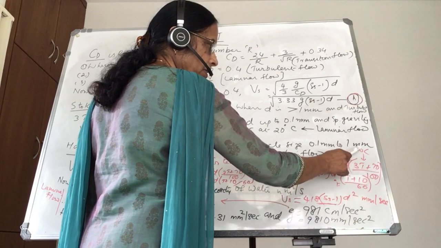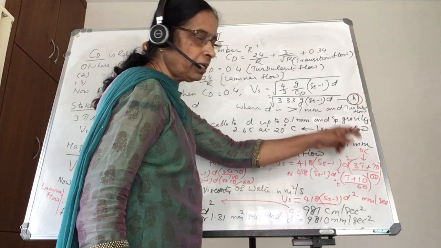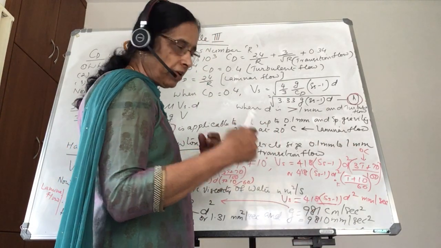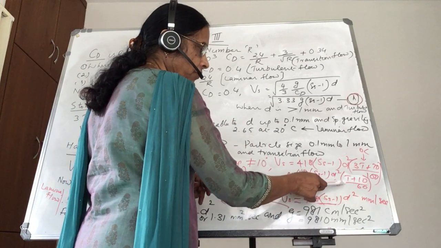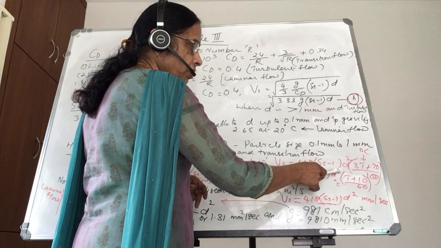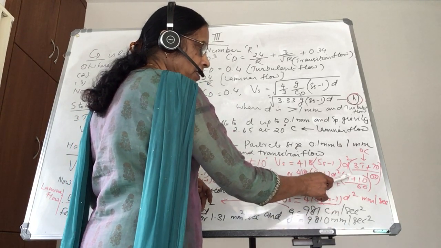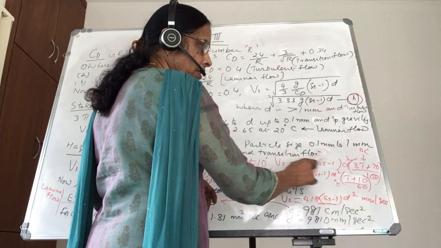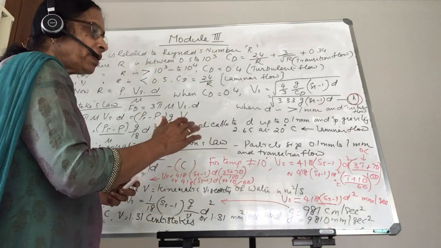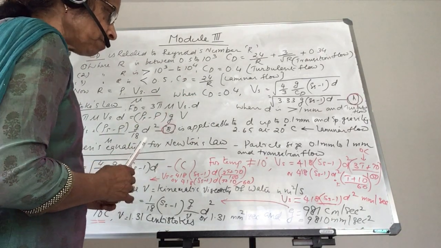T is nothing but the temperature in degrees centigrade. If the temperature is given in Fahrenheit, then it is 418 into (Ss minus 1) into D squared into (T plus 10) by 60. The factor is (T plus 10) by 60. The other case, (3t plus 70) by 100. Always multiply with that factor if the temperature is not equal to 10 degrees centigrade.